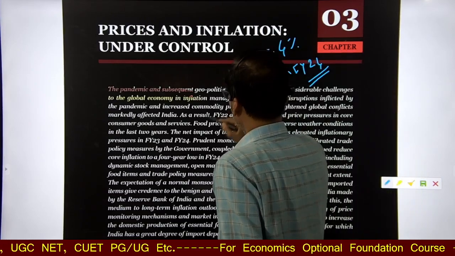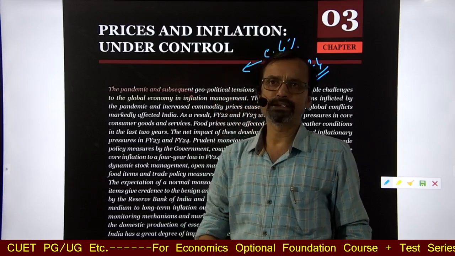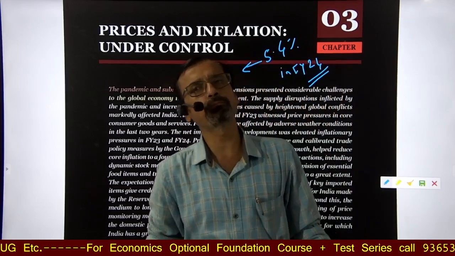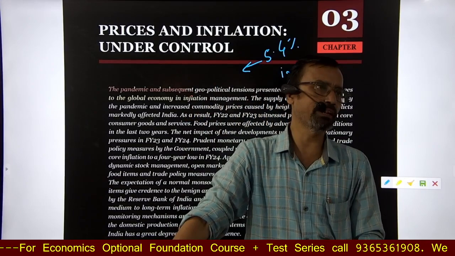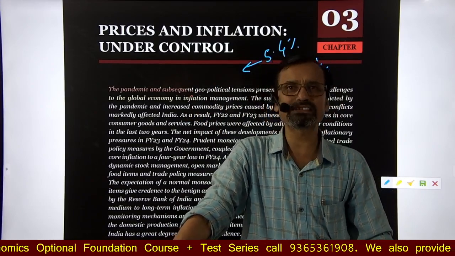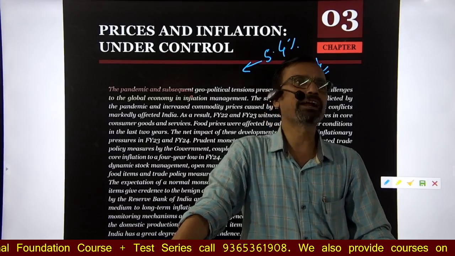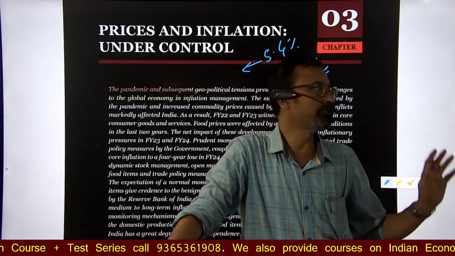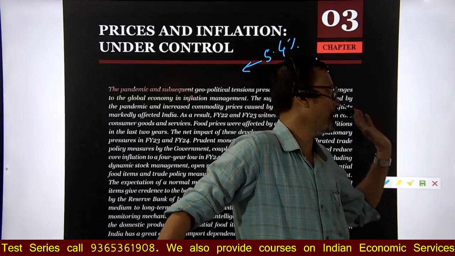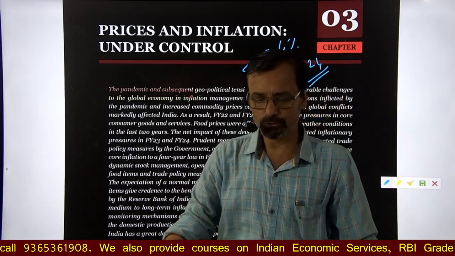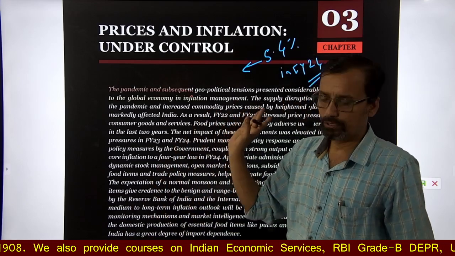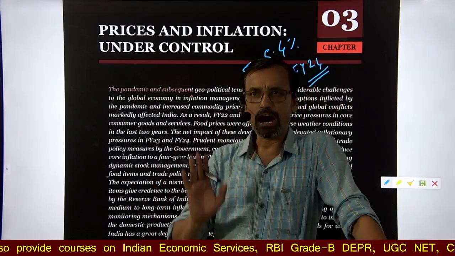So, it is mentioned here, with the help of monetary policy as well as central government policy actions, it became possible to keep inflation within 5.4% in the 2024 financial year.